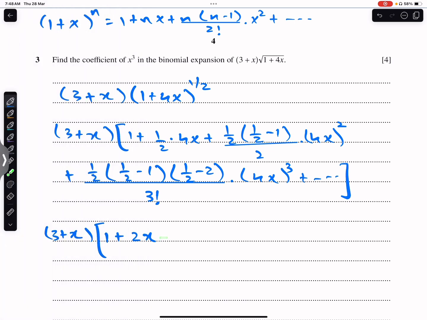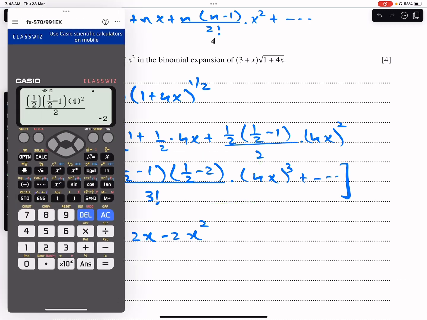So minus 2x square, and then you can also put this whole value in the calculator. Okay, so you need to put 3 factorial in the denominator, that is 6, and then just increase the power to 3 and then add one more term, that is 1 over 2, 1 over 2, 1 divided by 2 minus 2.